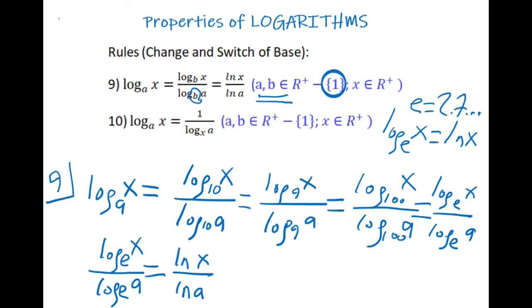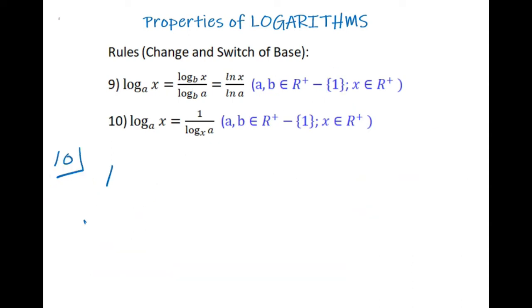Let's take a look at a sample case about rule number 10 as well. Again, let's say we have logarithm of x in base 4. Let's take a real number for x, say logarithm of 10 in base 4. We can switch the base in the following form.